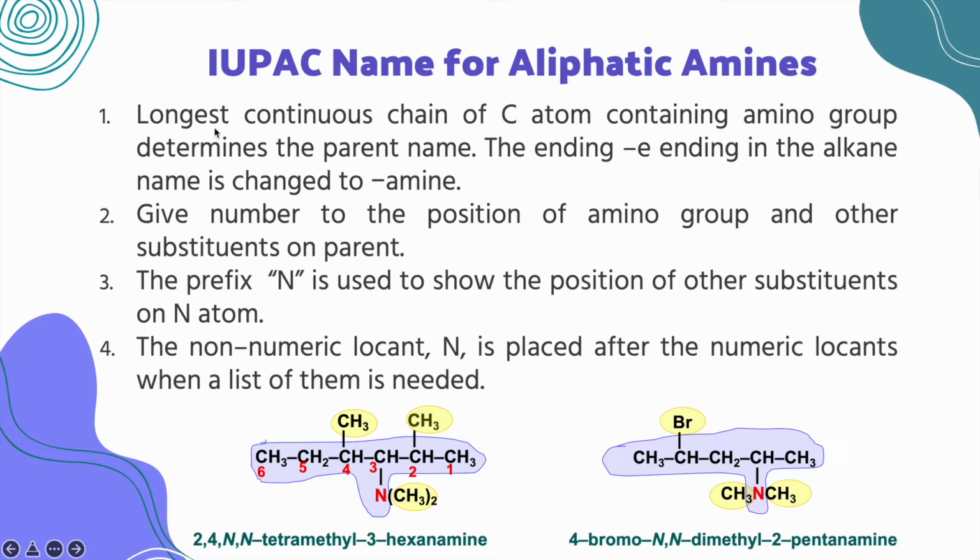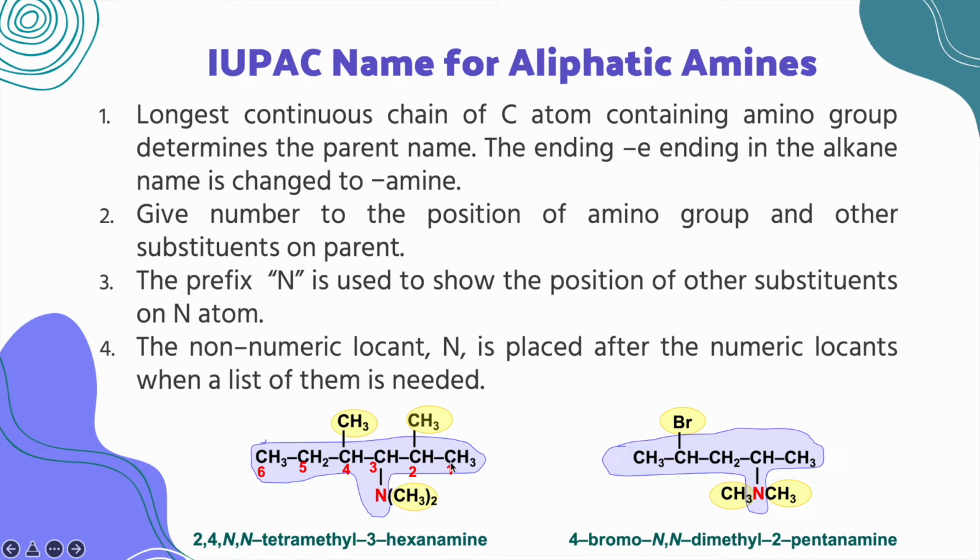First, we have to select the longest carbon chain that is attached to N. So this N is attached to this carbon. Select the longest carbon chain which involves this carbon, because this N is attached to it. So the longest carbon chain here is 6 carbons in total, and this is the parent, hexanamine, 3-hexanamine, because the N atom is attached to carbon number 3.